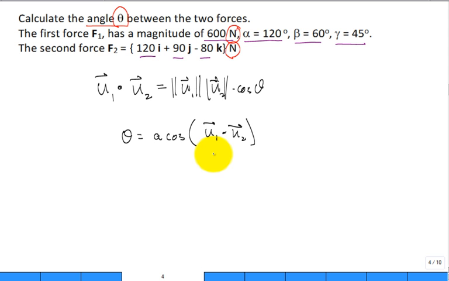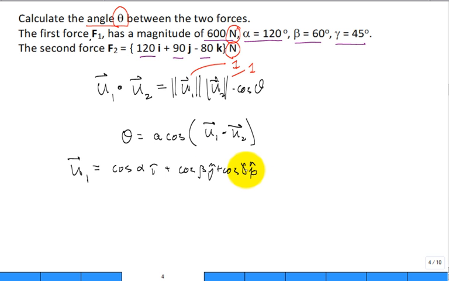Okay, now how do I get the unit vector for 1? Well, the magnitudes are 1 for the unit vectors. That's equal to 1, and that's equal to 1. And how do I calculate the unit vector 1, where this is F1? Is that going to be cosine of alpha I, plus cosine of beta J, plus cosine of gamma K?